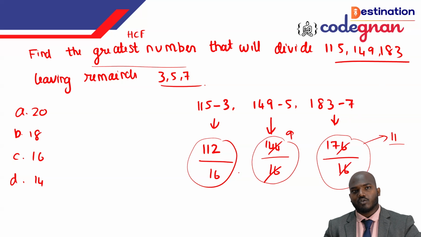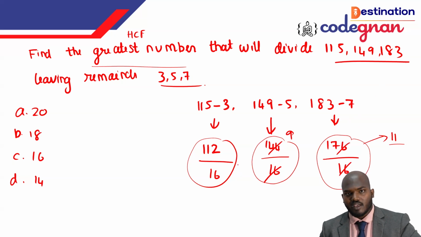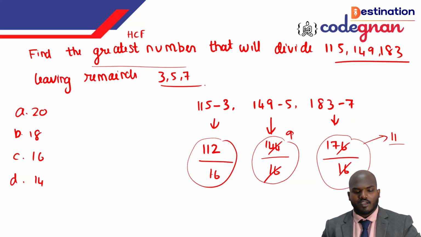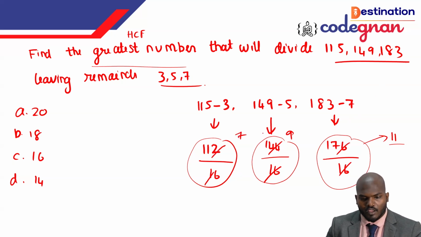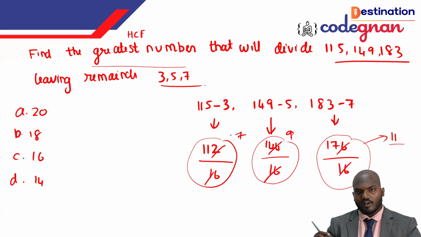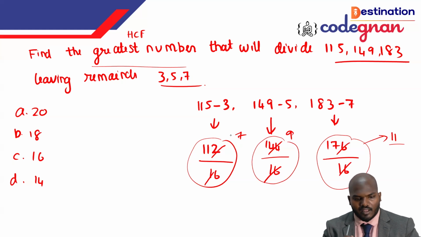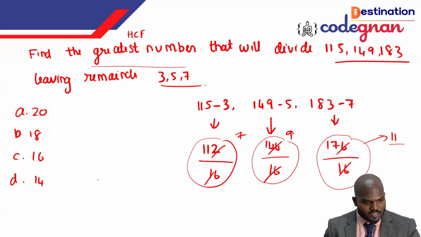So 6 times, 2 times, 3 times, 5 times, and 7 times you can try. 16 times 7 will give you the value 112. Again you can cancel this one. You see, this is completely divisible. If you divide with this number, it will give you 3, 5, 7 as the remainders. So probably here the answer is 16.